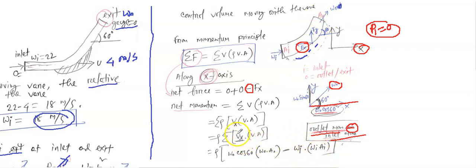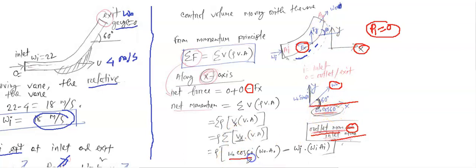So what is the velocity? According to this formula, what is the outlet momentum along the x-axis? The velocity Vx. You can see that due to this 60-degree angle, the velocity along the x-axis is W0 cos 60.